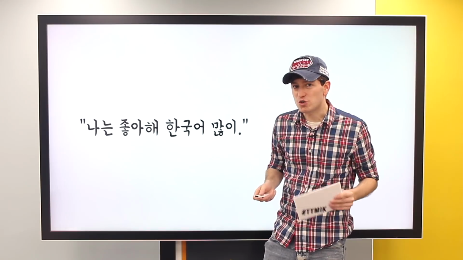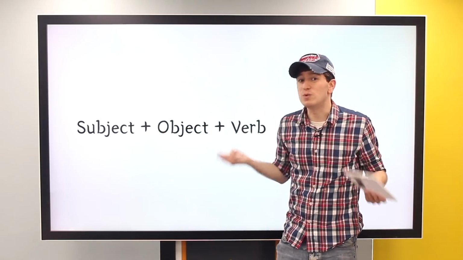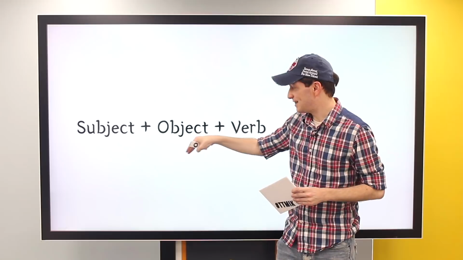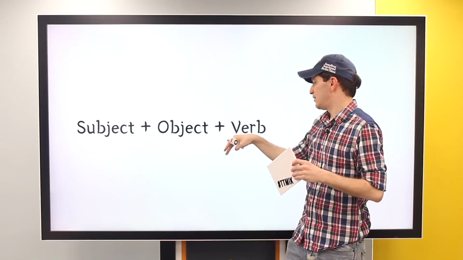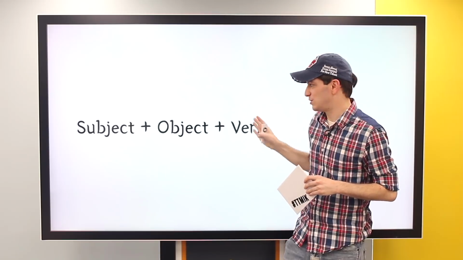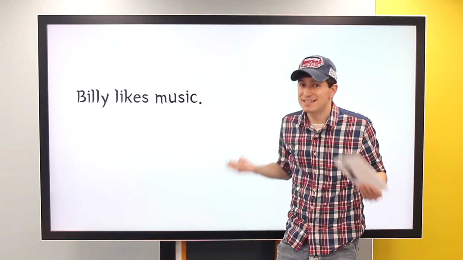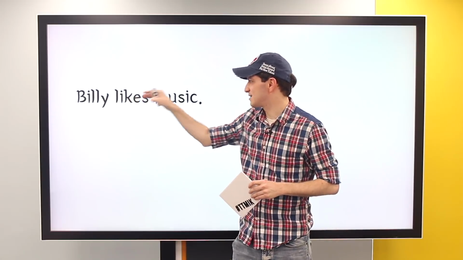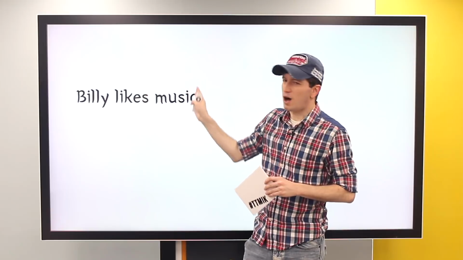Now, the basic structure of Korean is subject, whatever is doing something in a sentence, and then the object, which is whatever they're doing something to, followed by the verb at the end, which is what's doing something to the object. For example, the English sentence, Billy likes music, is organized subject, verb, object.